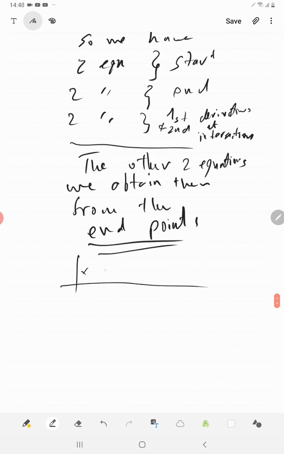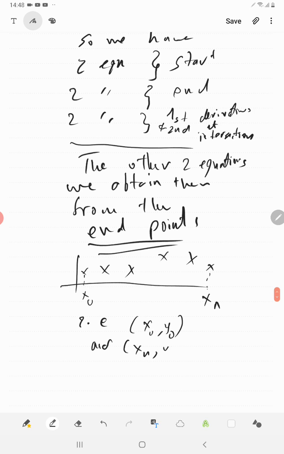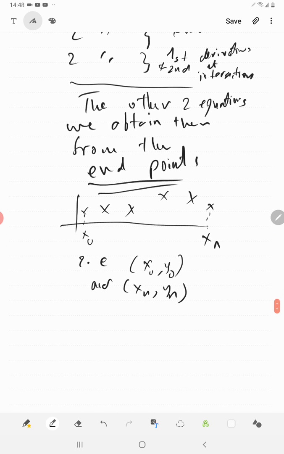Suppose that we have here x naught, and here let's say xn. So from the endpoints, i.e. from x naught, y naught, and xn, yn, i.e. from the spline segments S naught and S n minus 1, the last one.